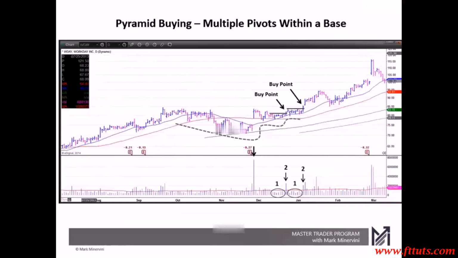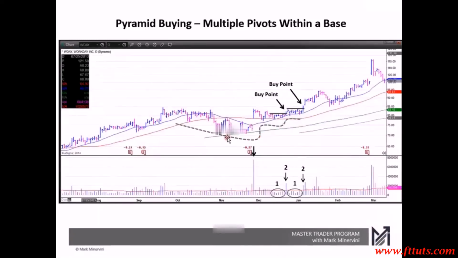And sometimes what I'll do is I'll start my position with a smaller position. This is a popular question: how do you add to a stock and pyramid in a name? A lot of times I'll buy the stock, and then within the base, it will form another pivot, and it will either tighten up even more or just elongate the base, where it really starts to have some nice symmetry and the stock improves.